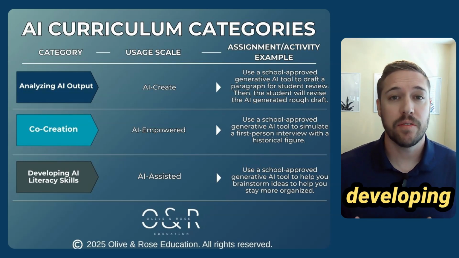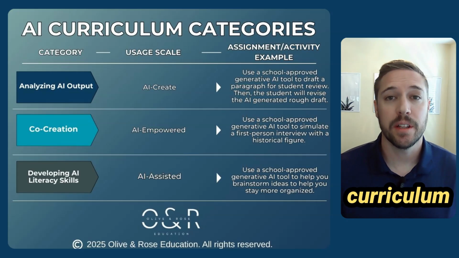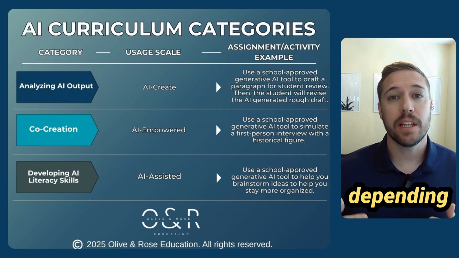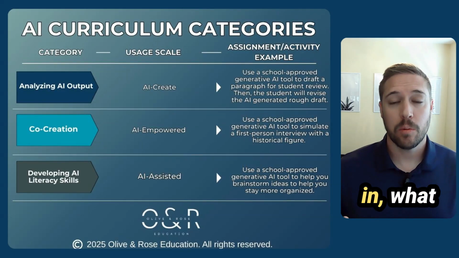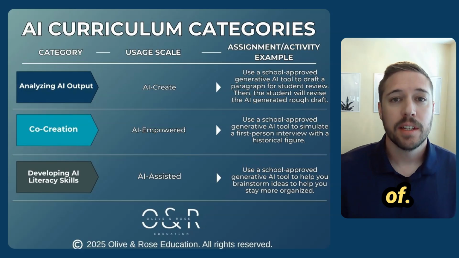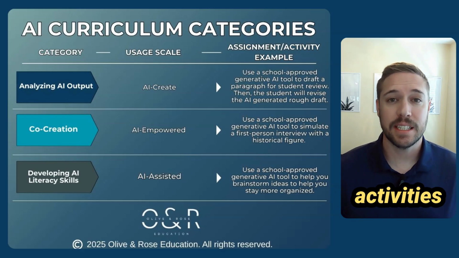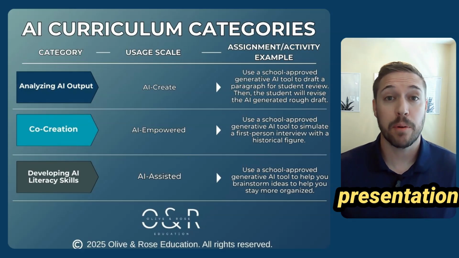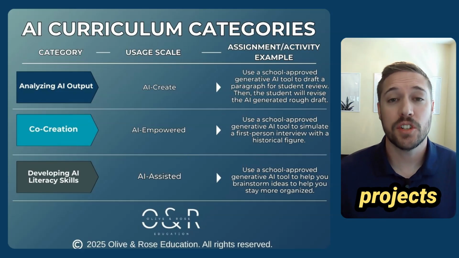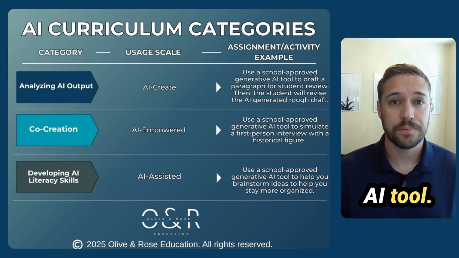This category of developing AI integrated curriculum has students creating something with AI. And depending on what grade level they are in, what subject areas students have already demonstrated mastery of, teachers can develop assignments and activities that have students creating presentations, videos, outlines, or even projects with an AI tool.